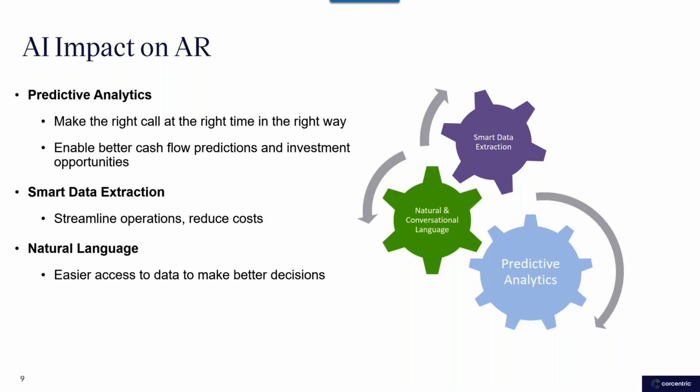Smart data extraction is an application of mainly the second AI I presented before. By reading any document and extracting data from these documents, it's really useful to streamline operations and reduce costs, meaning that you can process data, like reading a document, in seconds instead of having to wait 2, 3, 4, 5 days, and also at low cost. You can read a contract or a PO in terms of cents instead of having people spend time doing the same job.